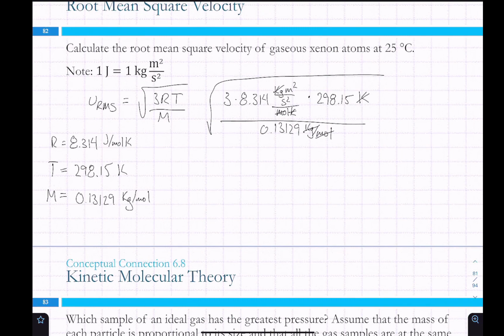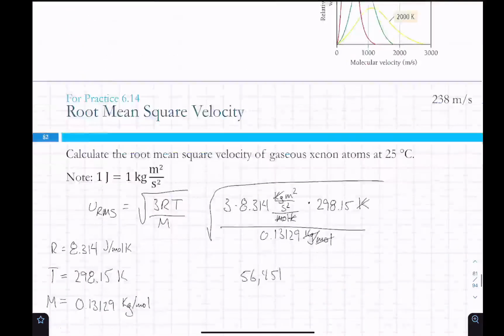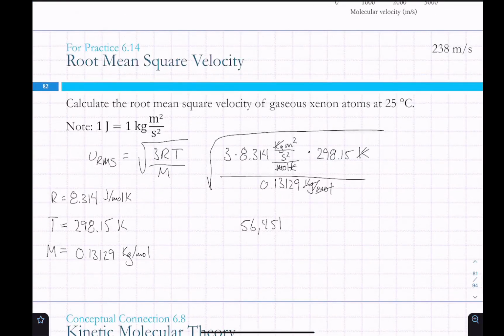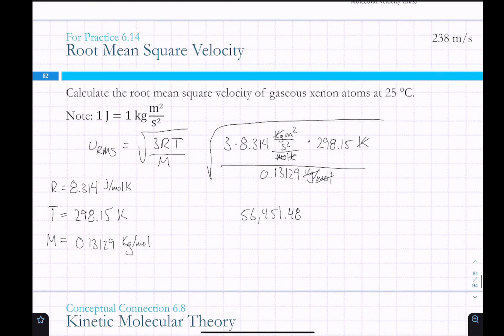This is 56,451.48, and that's going to be meters squared per second squared. So the square root of that will give us meters per second.